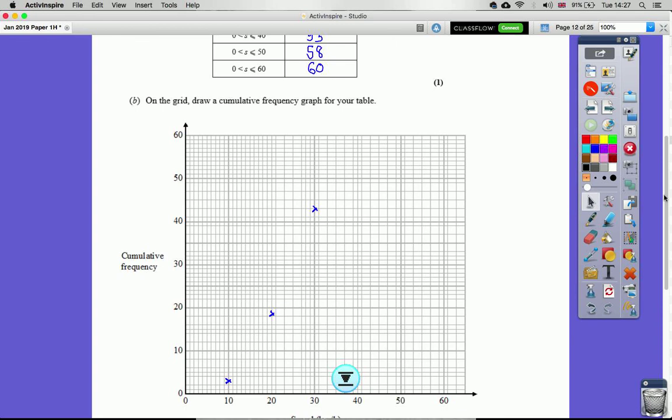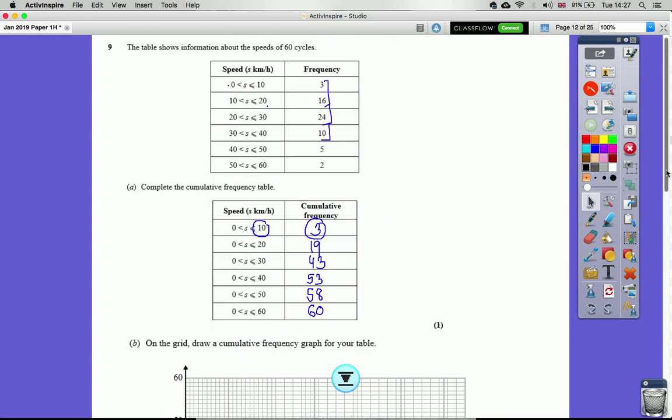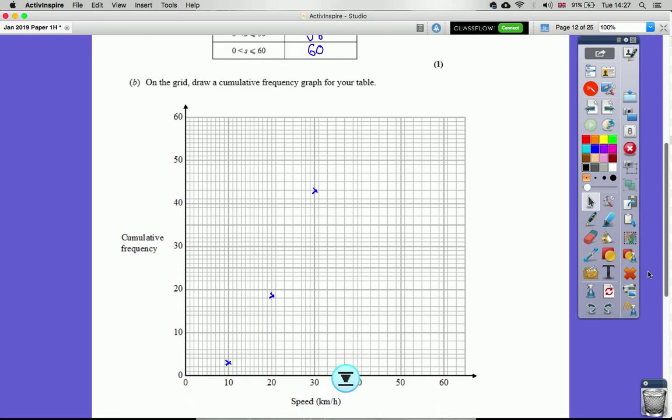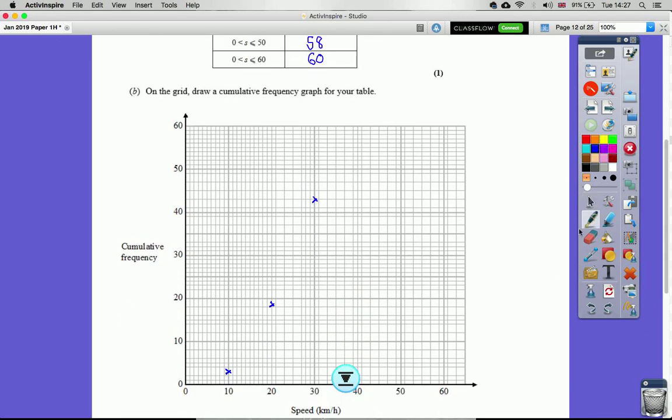My fourth one is 40 and 53. Then I've got 50 and 58.